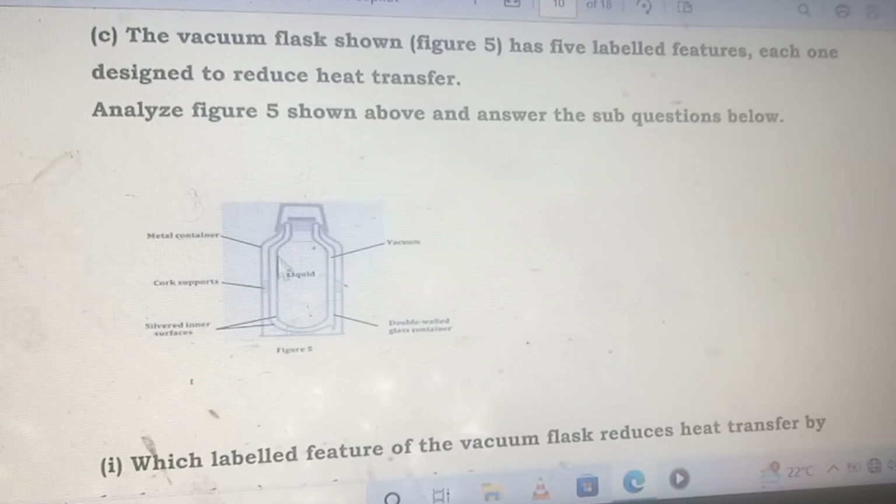You see, this is a vacuum flask. This is a small feature of its parts. We have the metal container, cork support, silver inner surface, double-walled glass container, and vacuum.